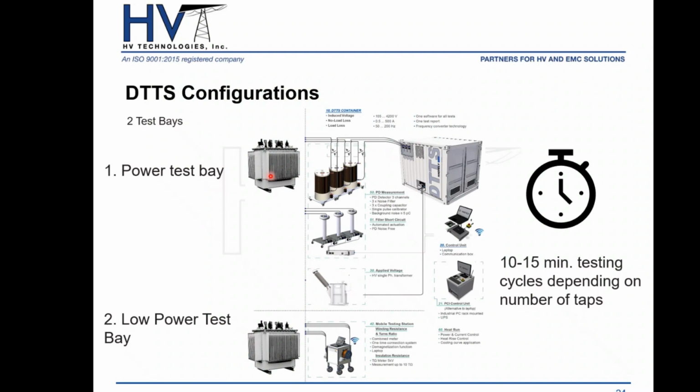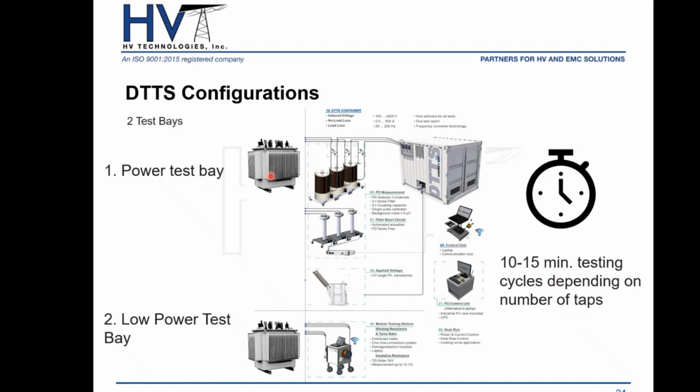In the next slide, we're going to talk about reducing testing times. When we talk about the DTTS and how we can configure it, we can configure the DTTS with one, two, or three bays, depending on obviously your testing requirements.